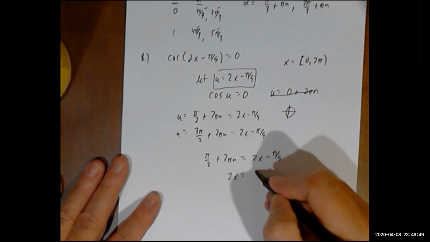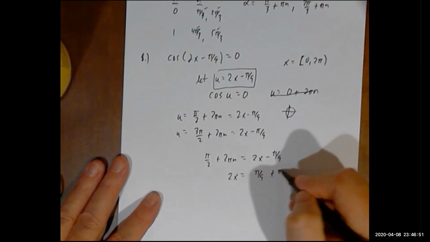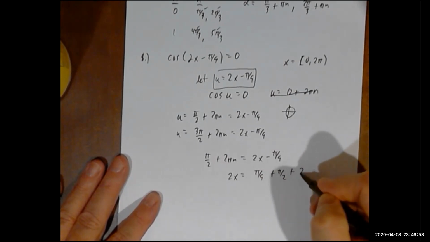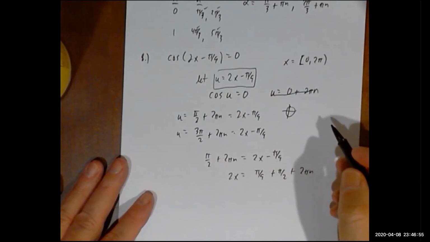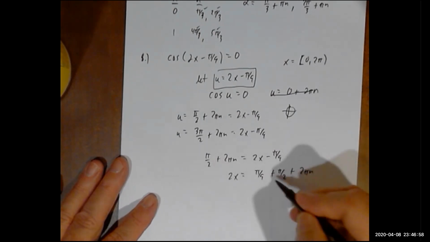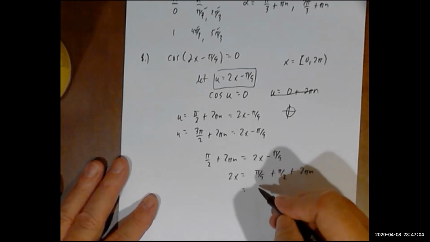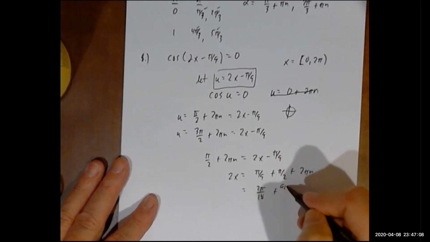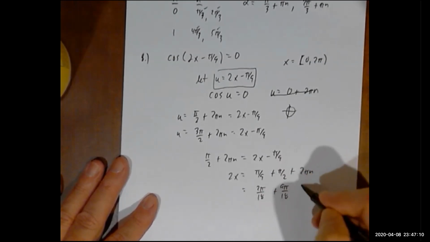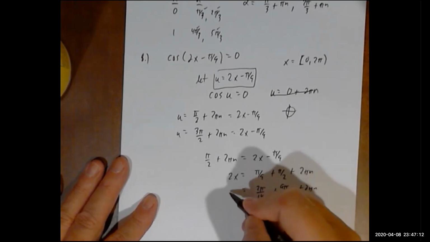So I'll say pi over 9 plus pi over 2 plus 2 pi n. Let's go ahead and combine these. So common denominator, this is very messy. It's going to be 18. 2 pi over 18 plus 9 pi over 18 plus 2 pi n.